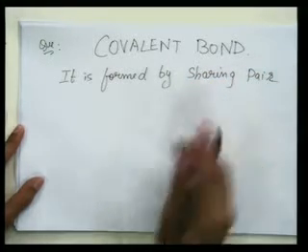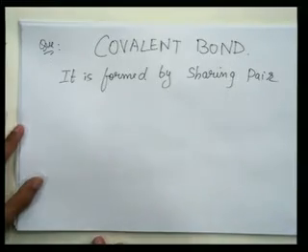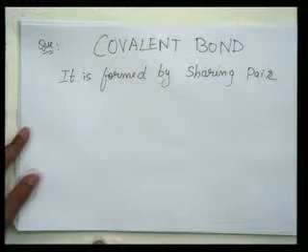In case of ionic bond, it was transfer of electron, but in case of covalent bond, it is sharing of the electron pair that one has to remember. Now we will take up the example to understand how this covalent bond is formed.